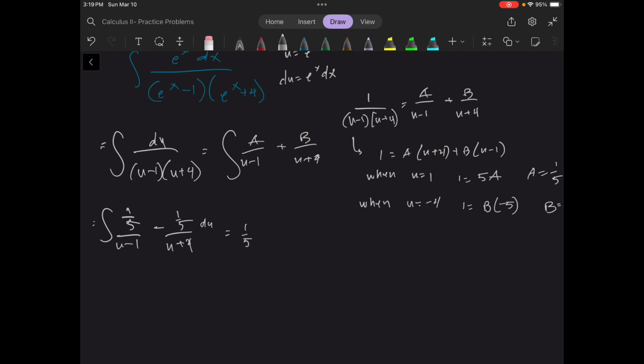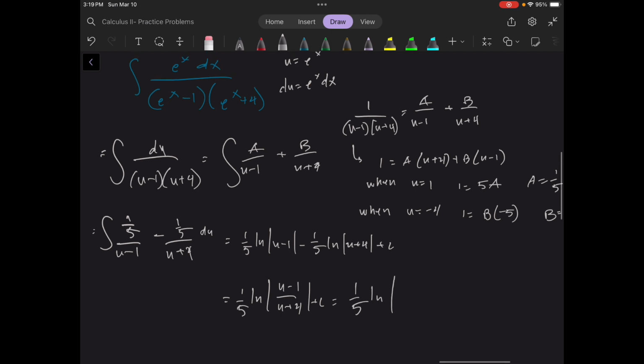This is just 1/5 ln of the absolute value of u minus 1 minus 1/5 ln of the absolute value of u plus 4. So finally, we can factor out the 1/5 and then condense u minus 1 over u plus 4. And then finally we could plug back in our function of u, which was e to the x.